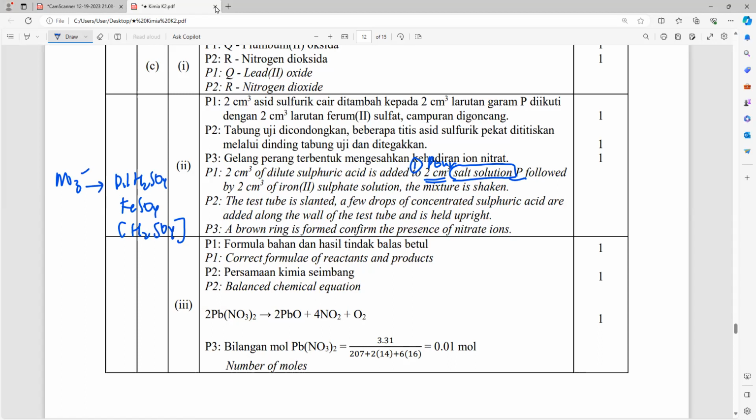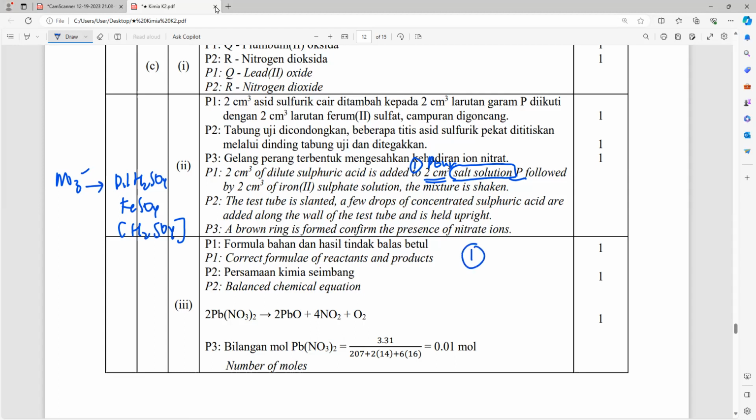Have you all memorized this? I think this is important. Have you all memorized it already? Yes, sir. Okay, all right.